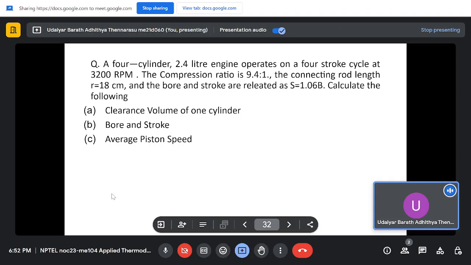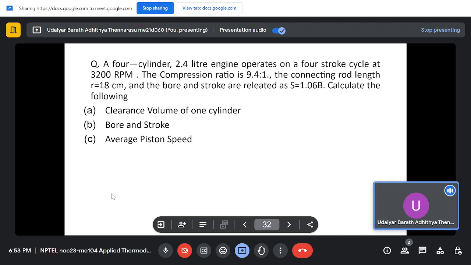So the next question is, we have a 4-cylinder 2.4 liter engine which is operating on a 4-stroke cycle at 3200 RPM.